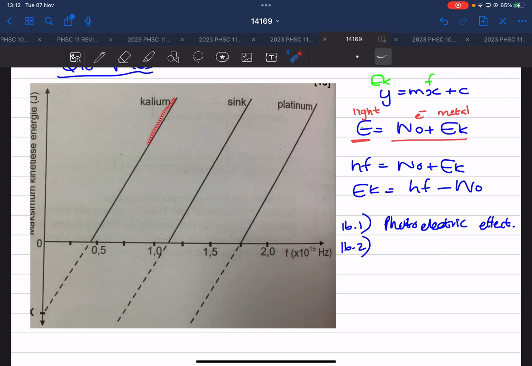Where is X? There is X, and we determined that X, the y-intercept, is the work function. Now they say name. Okay, so not formula, jy kan nie dit gaan skryf nie. You must say the work function of the metal.